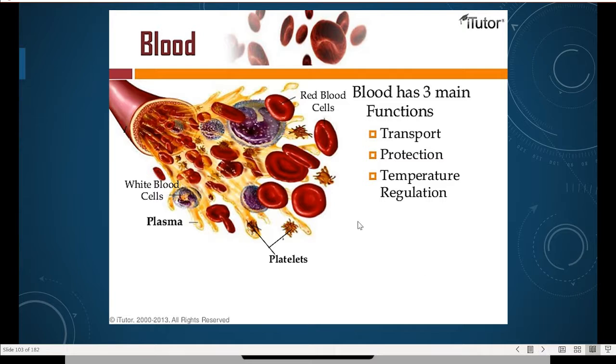Okay, blood's function is to transport, and it's not just the white blood cells, but we learned today that it transports hormones as well. Protection, temperature regulation. I think temperature regulation is a real big one because it's something that we can see or feel.